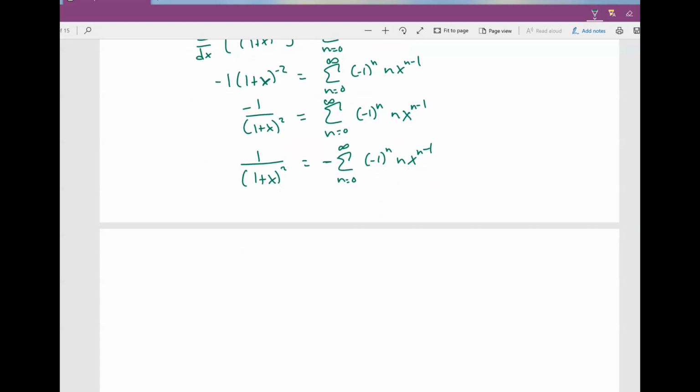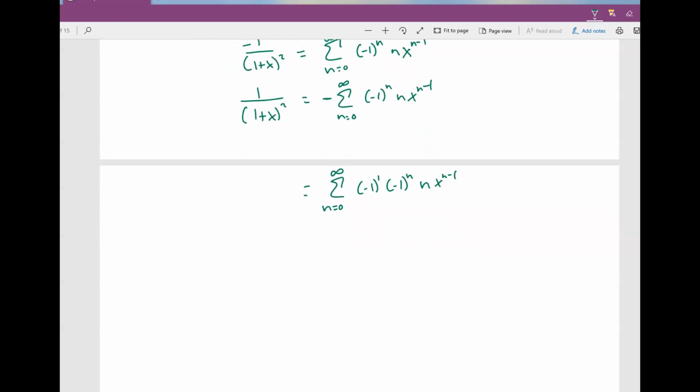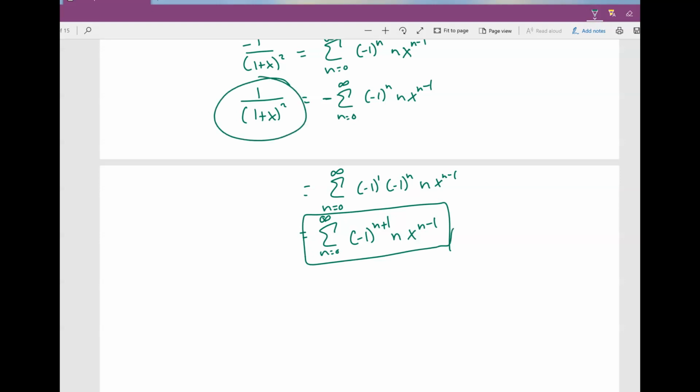This negative is just basically negative 1 to the power of 1, so combined with negative 1 to the power of n, when I complete this, I'm going to have negative 1 to the power of n plus 1, n, and x to the n minus 1. So this thing is a power series representation of this particular series.